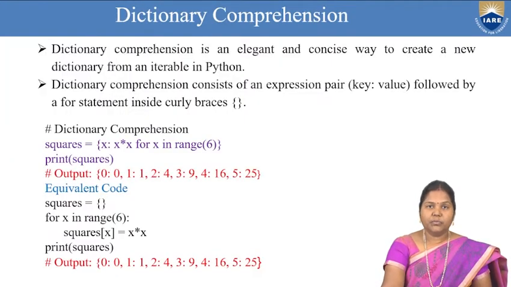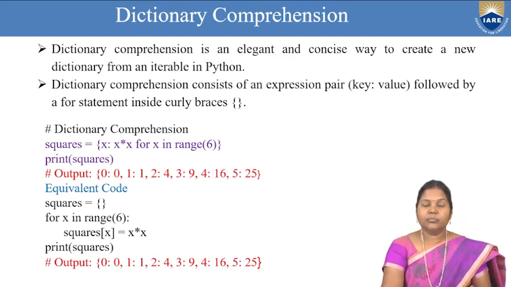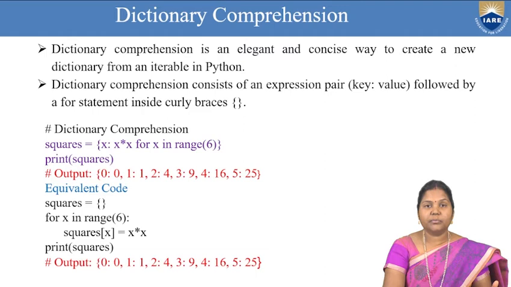Now, next we will go for what we mean by dictionary comprehension. Dictionary comprehension is a concise way of creating a new dictionary using an iterable in Python. This is the most elegant and concise way to create a new dictionary using any iterable in Python.